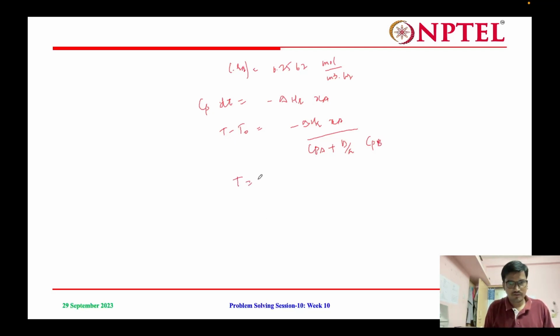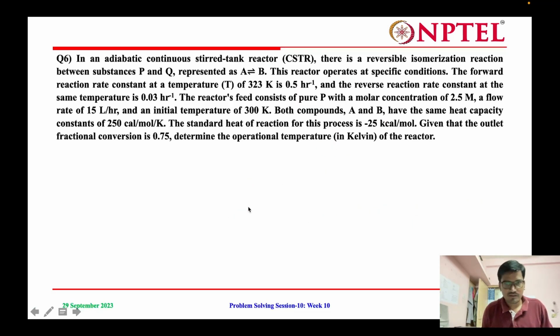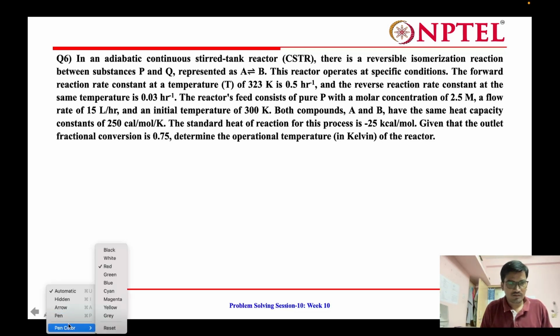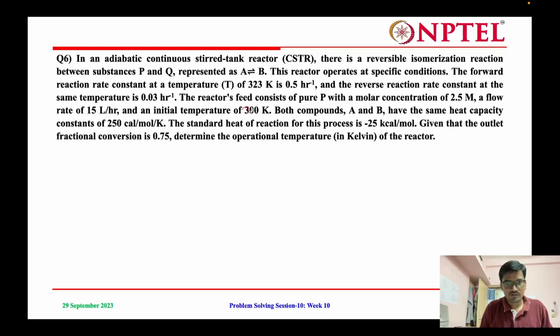So T equals T naught plus that term. Put in the values: T equals 323 plus 25 to the power 3 into 0.75 divided by 250 plus 250, equal to 360.5 Kelvin.